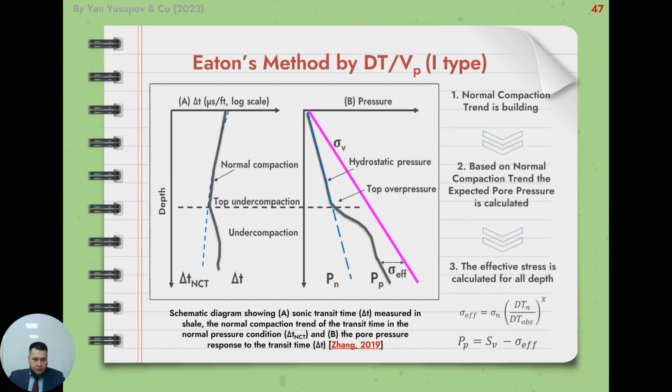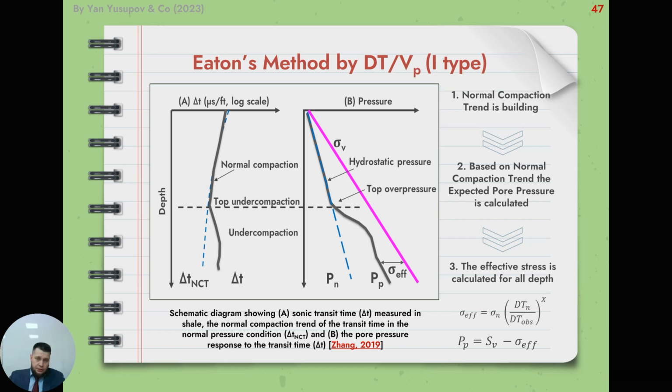And at first, let's consider Eaton's method by acoustic logging. I remind you that Eaton's method works for the first type of abnormal pore pressure. To use Eaton's method, at first we calculate the normal compaction trend.